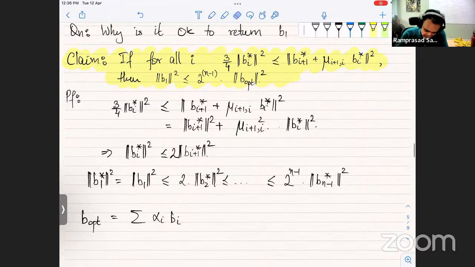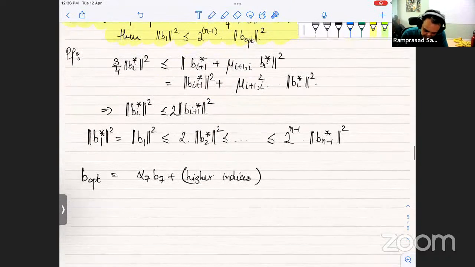Suppose this looks like alpha 7 b7 plus a bunch of higher-index terms. That is, the first i for which alpha i was non-zero, let's say that was 7, and from that point on you got something else.